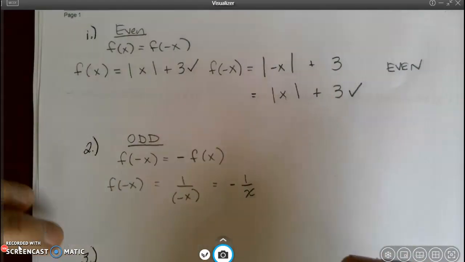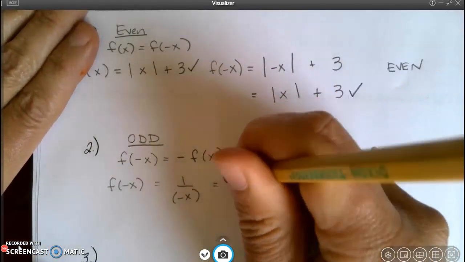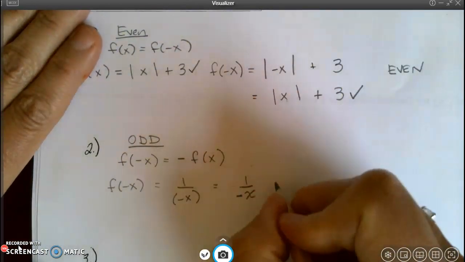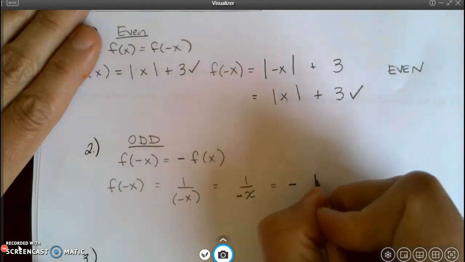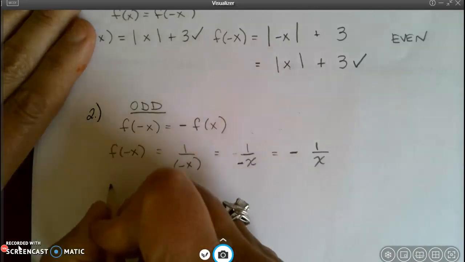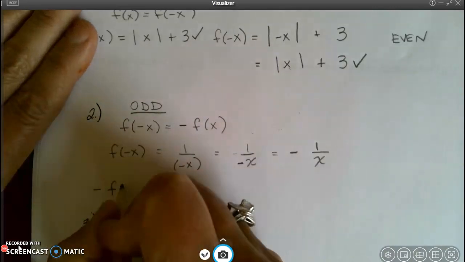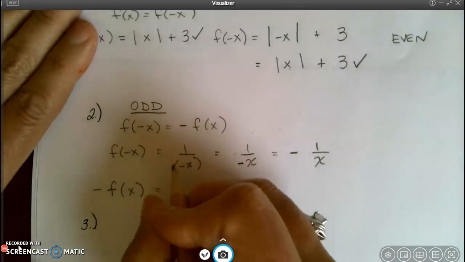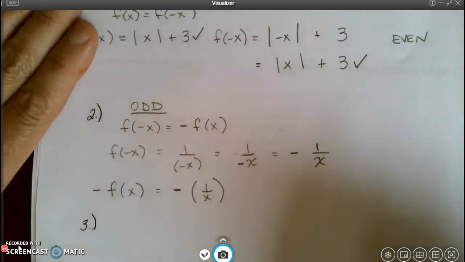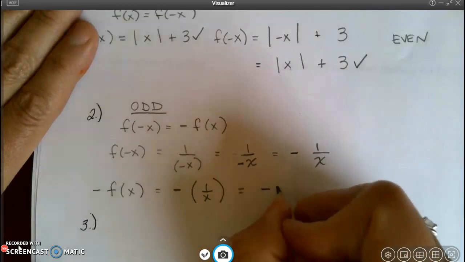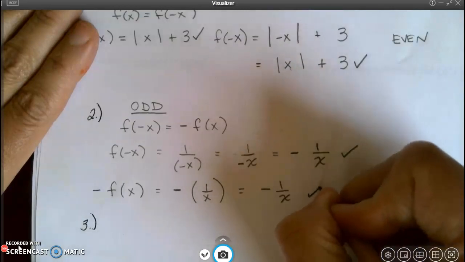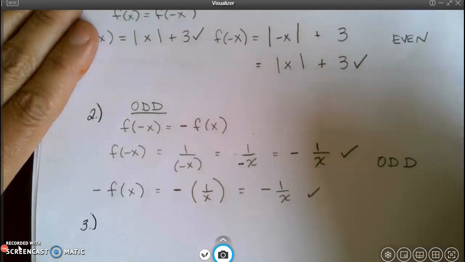That negative sign, just in case there's any confusion here, say that that's 1 over negative x, which is the same as negative 1 over x. And then for negative f of x, that means put a negative in front of the whole function, which simply gives me a negative 1 over x. These are the same, so this is indeed odd.